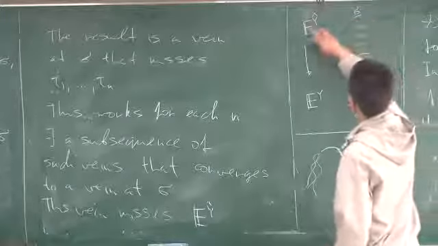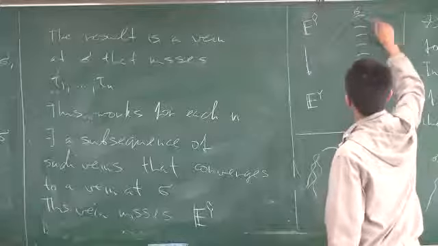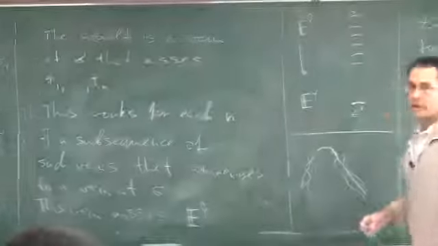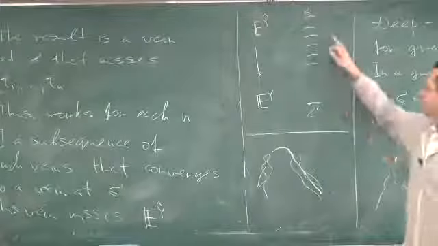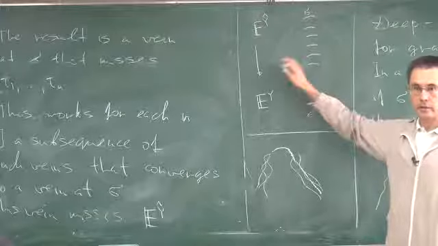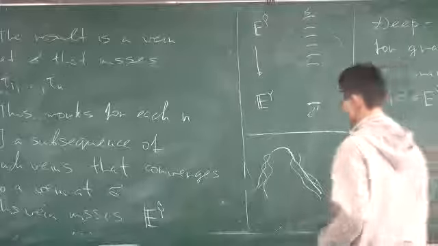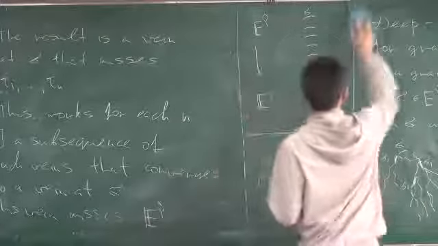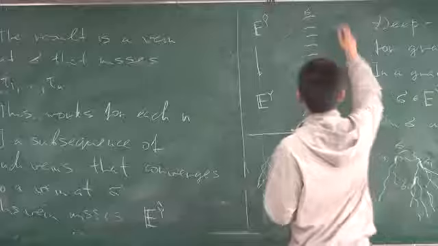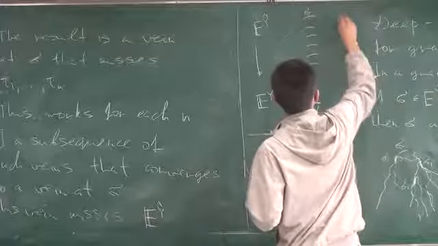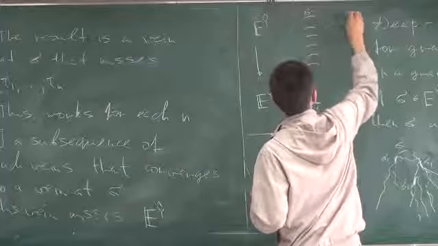Since sigma was order essential, there is a vein. But now, additionally, I can assume that what is blue here consists only of order inessential edges. So maybe this is in the order inessential edges of Y hat.